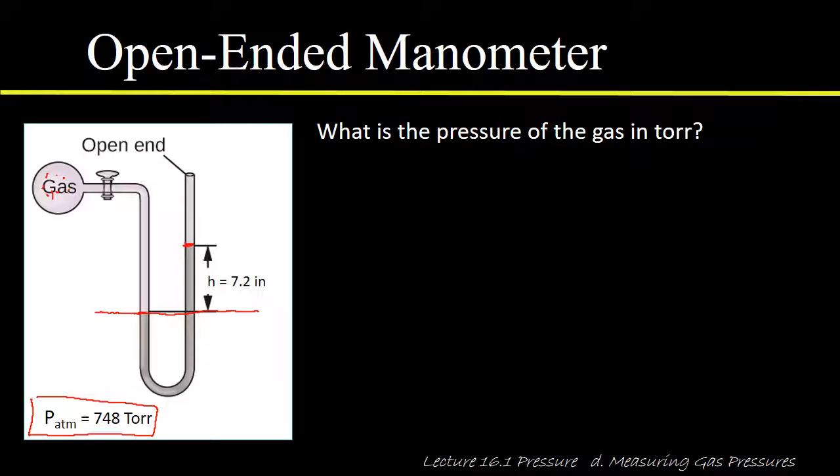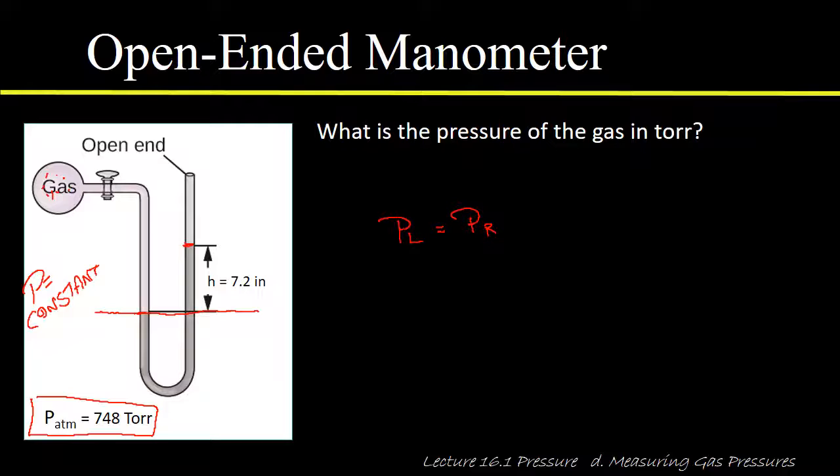And at that lower line, the pressure is constant, right? So that means pressure on the left is equal to the pressure on the right.